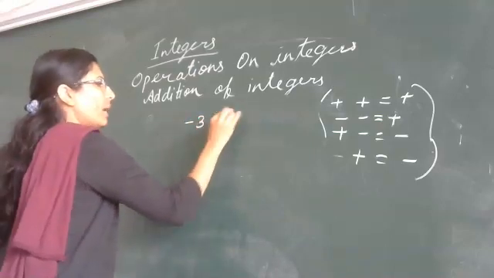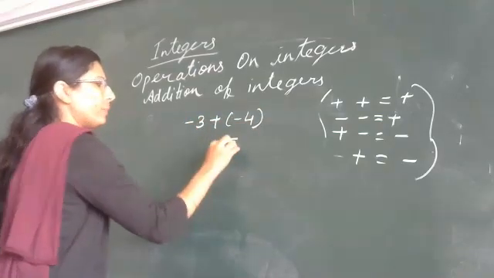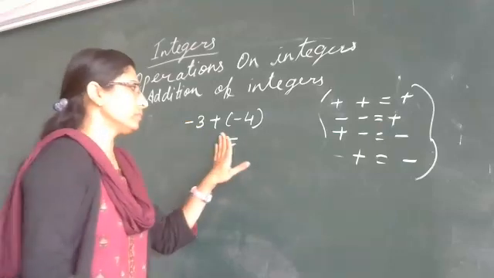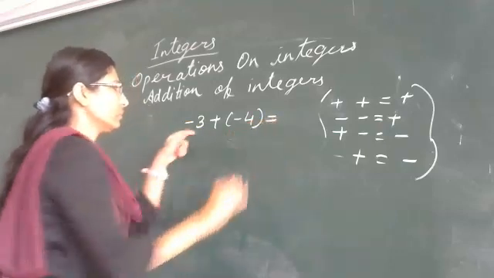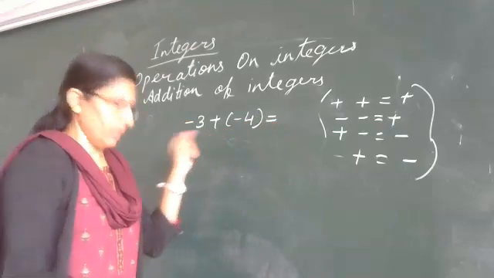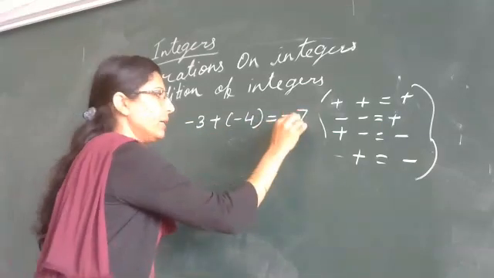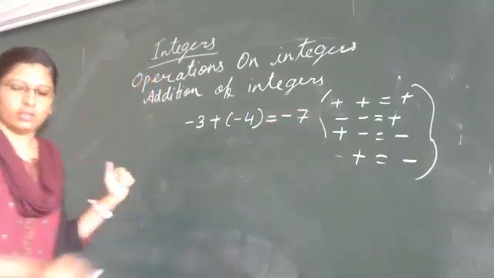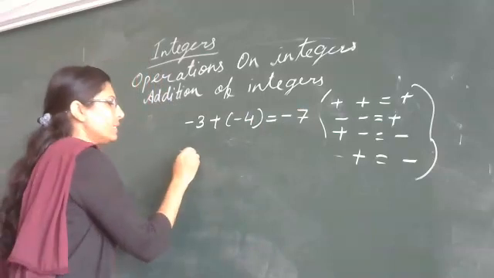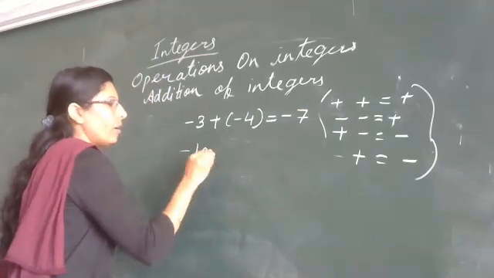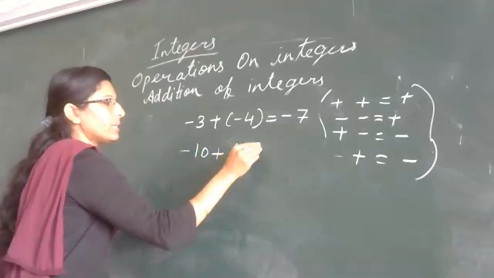Minus 3 plus minus 4. What will be the answer? Minus 7. Yes, very good. Minus 7. Minus 10 plus minus 6.